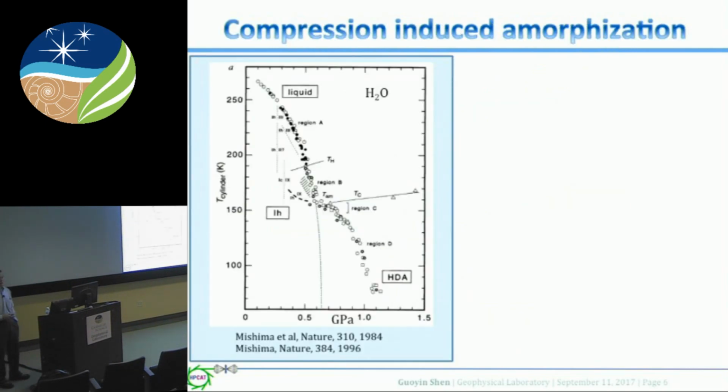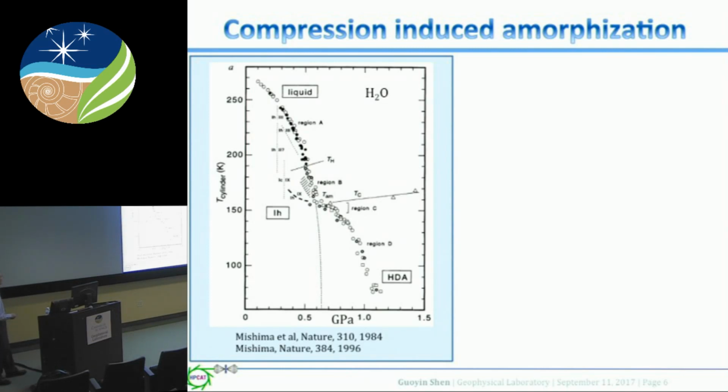One example, of course, the famous example is H₂O. And H₂O, we know, has a negative melting curve. At very low temperature, H₂O displays the so-called ice Ih phase.